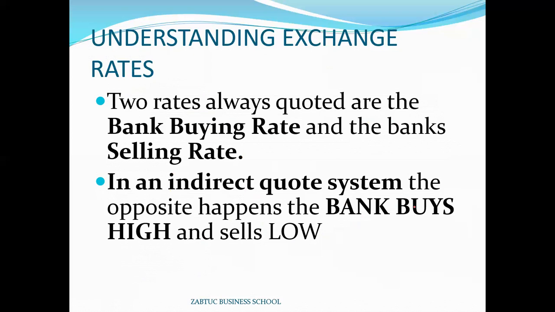In an indirect quotation system, if you establish that the situation you're looking at uses an indirect quotation system, the opposite happens. The bank buys high and sells low. The high rate is used when the bank is buying.